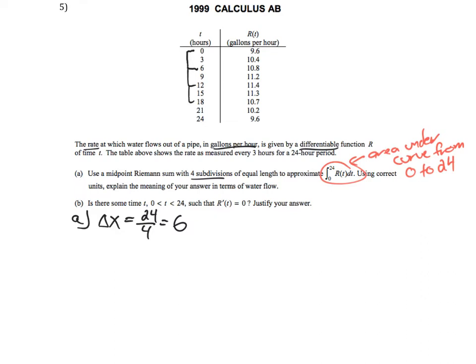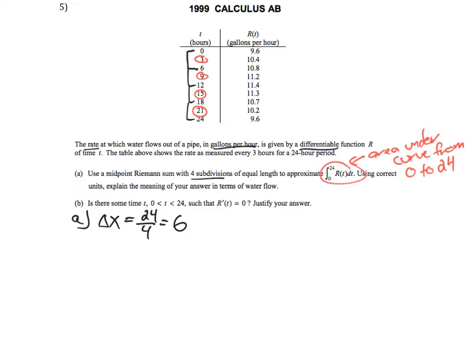Another rectangle, 12 to 18. And my last rectangle, 18 to 24, okay? Since my height needs to be at the midpoint of each rectangle, it's kind of nice that each one of those rectangles has a point perfectly in the middle, right? So the heights of my rectangles are going to occur at 3, at 9, at 15, and at 21. Those are the midpoints of all my rectangles.